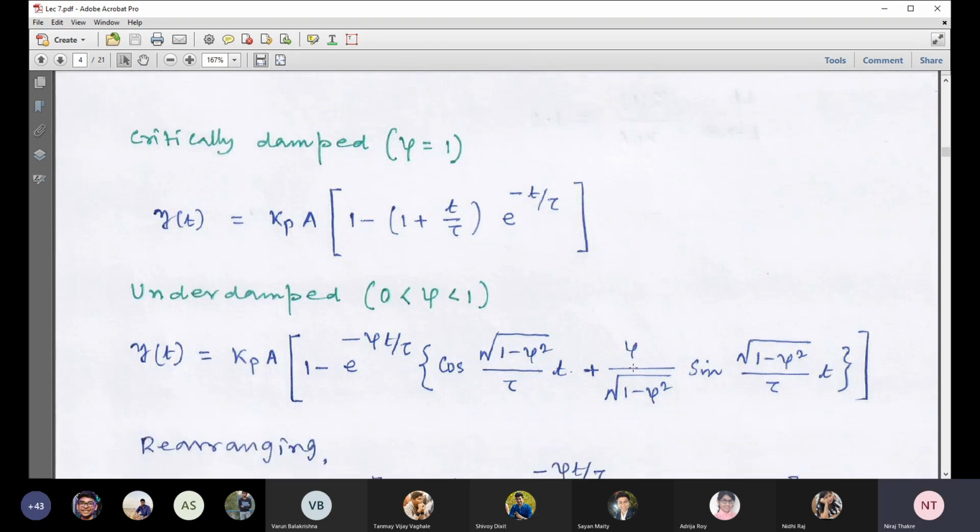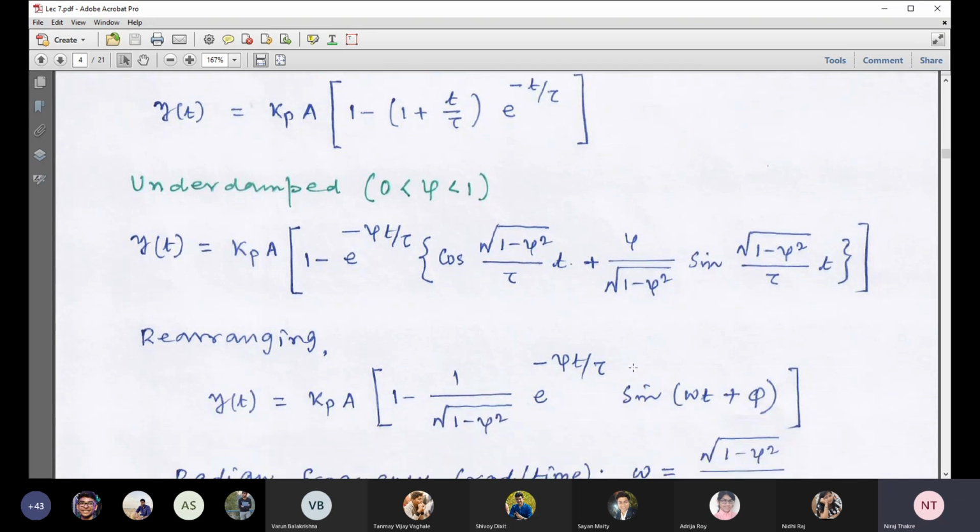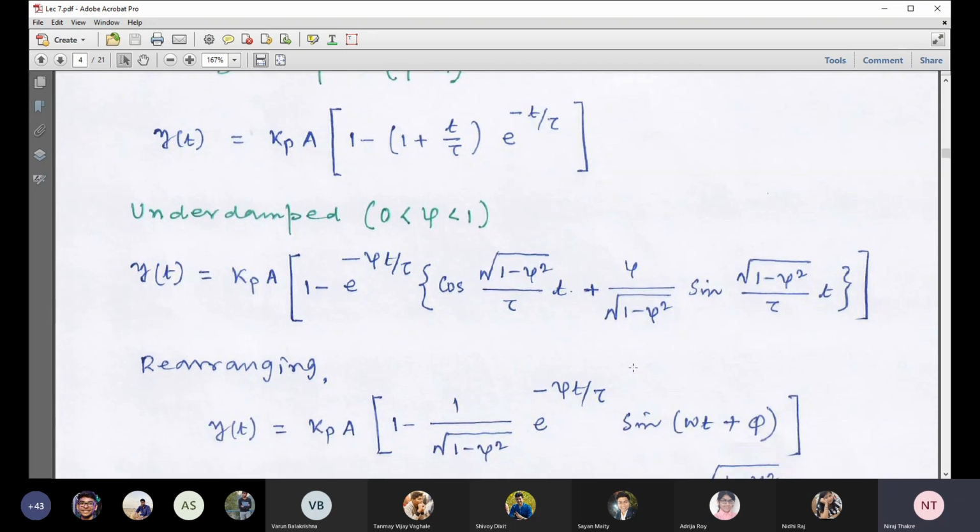Now for the underdamped system, it has another expression that is shown through the second equation. Second equation in the sense we just rearrange the first equation and we get this. For the underdamped system, here 2 new terms appear. One is omega, another one is phi.